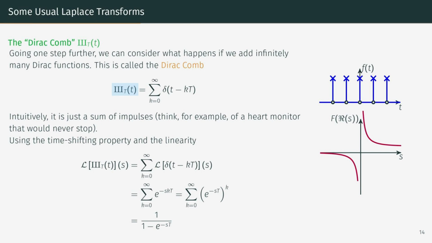And this then simplifies to 1 over 1 minus e to the negative sT. The top graph in blue shows the graph of the Dirac comb function, where we can see the multiple impulses. And the bottom shows the graph of this Laplace transform for real values of s.